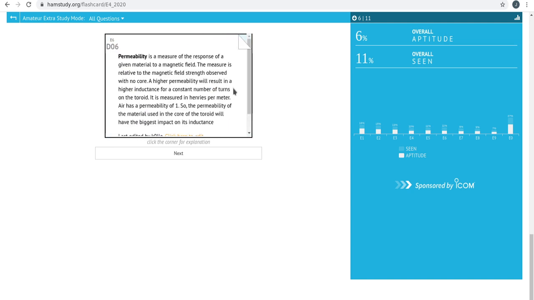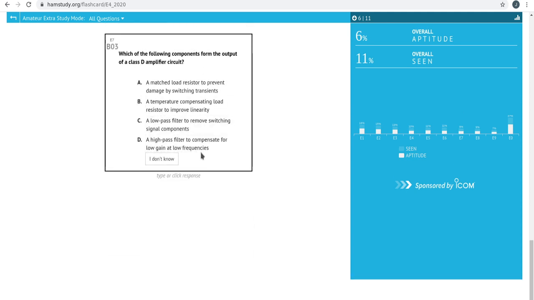And let's see what it says. Permeability is a measure of the response of a given material to a magnetic field. Okay, I guess it helps when I actually know what the meaning of the word is. I was thinking permeability was something more along the lines of water being able to go through a material or something.